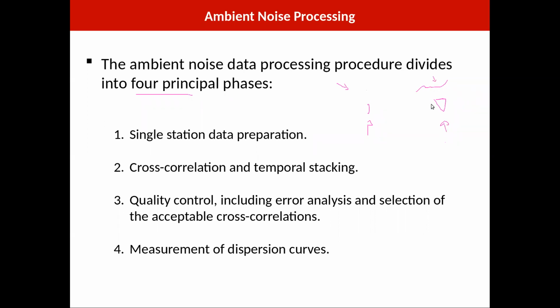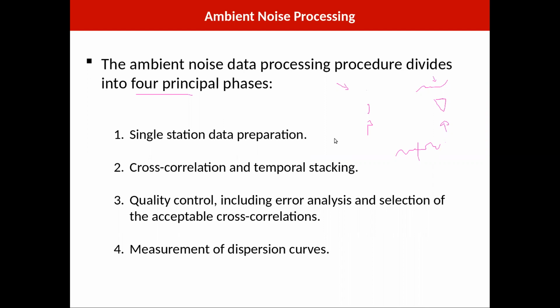Okay, then the next phase, once we finish with this pre-processing of these noise signals, is to now cross-correlate these two signals. So we cross-correlate and we get one resulting waveform, where you see the positive and negative waveform.